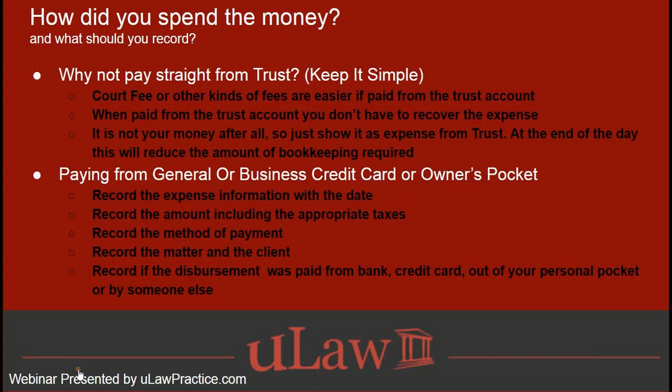Okay? Because really what happens is if you don't have a trust, you spent the $100 on a court fee, you generate that invoice in a timely manner, and you send it to the client, and for whatever reason the client never pays you for it, then that's the risk of non-payment that you take as a legal firm in that scenario.